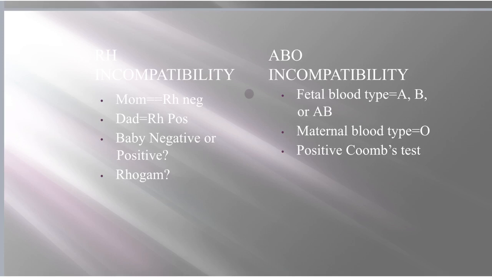Okay? So what do we do? Feed that child. Get stooling going to help decrease the bilirubin. Put them under lots of Billy lights, and like I said, we will do exchange transfusions or partial exchanges to remove that fetal blood that has high levels of bilirubin.